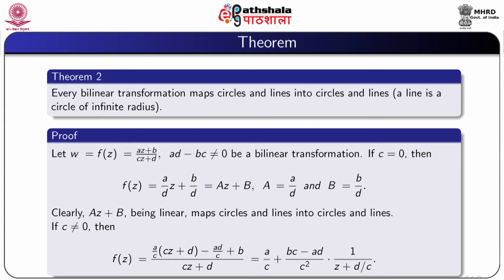Clearly, Az plus B, being linear, maps circles and lines into circles and lines. If C not equal to 0, then we have F(z) equal to (A by C) into (Cz plus D) minus AD by C plus B, by (Cz plus D), which is equal to A by C plus (BC minus AD) by C square into 1 by (z plus D by C).